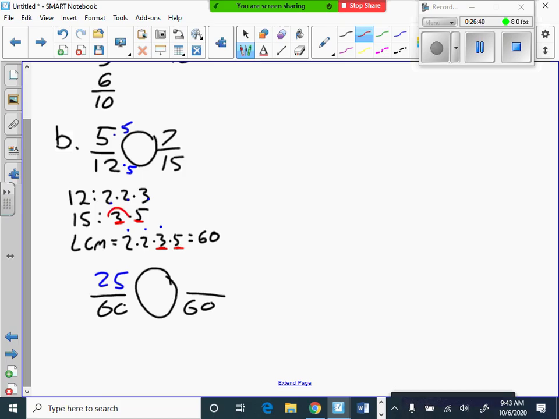Taylor, there's a 3, there's a 5, there's a 3, there's a 5. What's left? 2 twos. Go back to the blue one, because I think you copied without paying attention. Here we go, Taylor. If I have a 2, 2, and a 3 for 12, what was left? 5. That's why we multiplied by the 5.